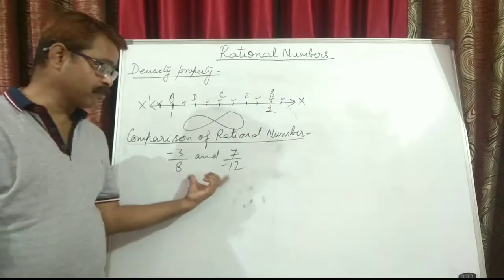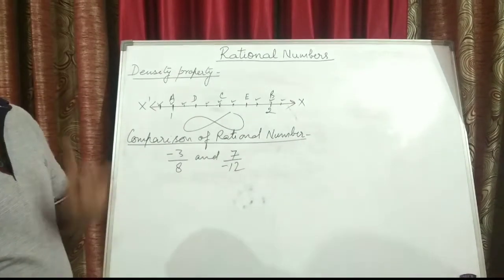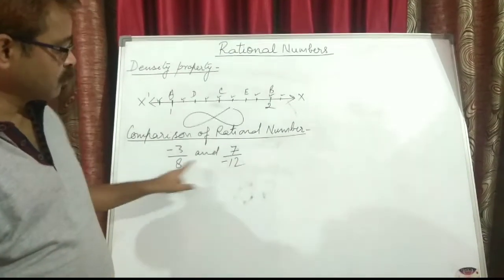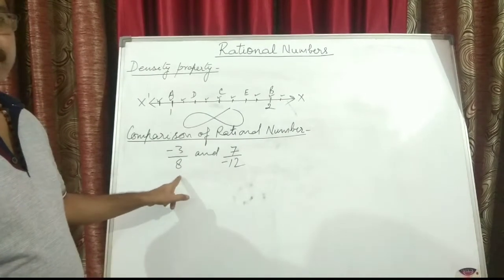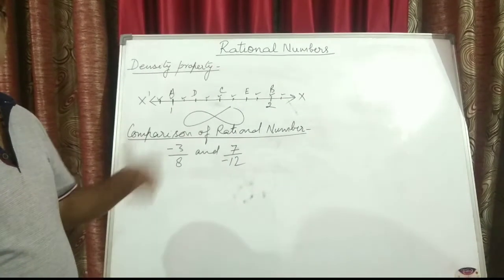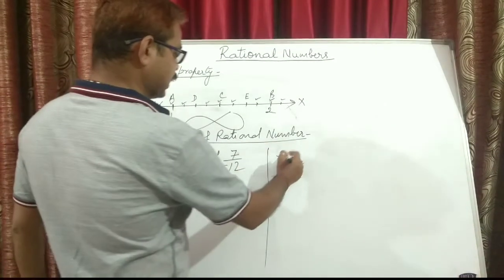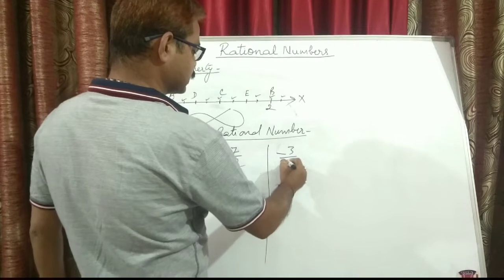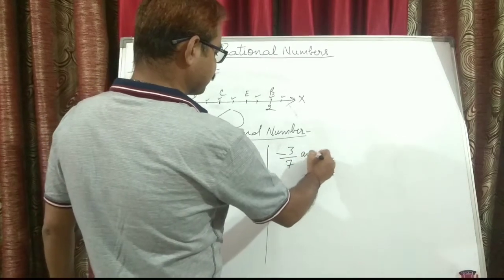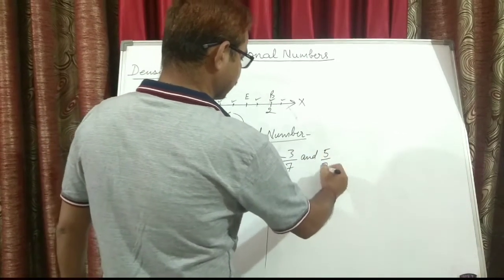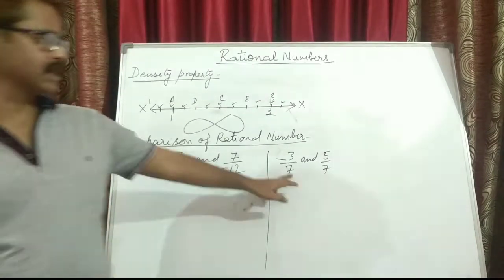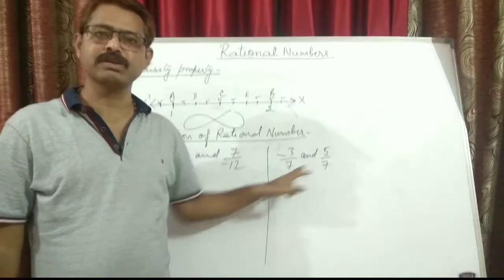So in order to compare any two rational numbers, first of all we check whether the denominators are equal. If they are not equal, then we take the LCM of the denominators. Suppose I would have written minus 3 upon 7 and 5 upon 7. Now in this case you can see that the denominators of these numbers are equal.